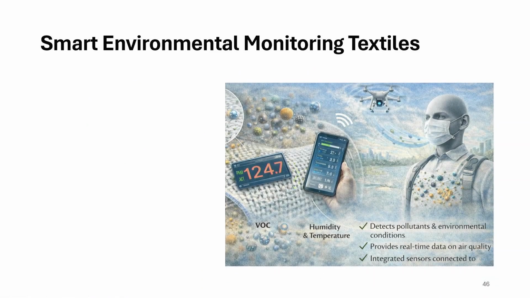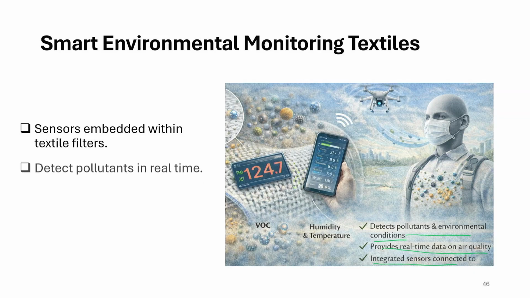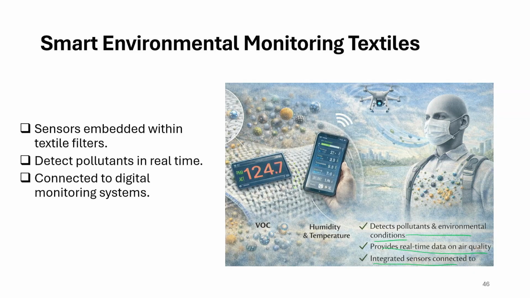Smart environmental monitoring textiles are used to detect pollutants and environmental conditions. They provide real time data on water or air quality. Sensors embedded within the textiles detect pollutants in real time, integrated and connected to a central digital monitoring system.